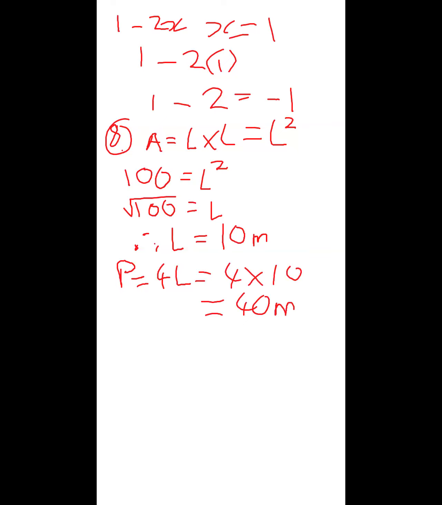But remember the question wants centimeters. So what do you think will be the answer in centimeters? Can you convert meters to centimeters? Yeah, will it be 400 centimeters?